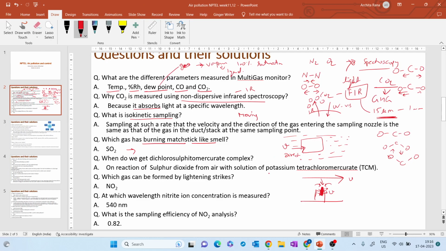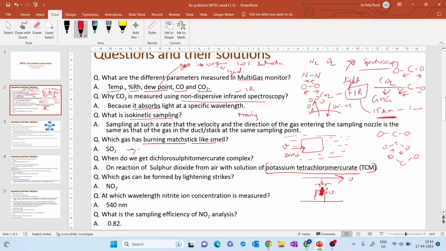Now to measure it, they have used something called potassium tetrachloromercurate. This complex is used to measure SO2, because gas generally you cannot see. So they have a system. They collect the SO2, they compress the SO2.